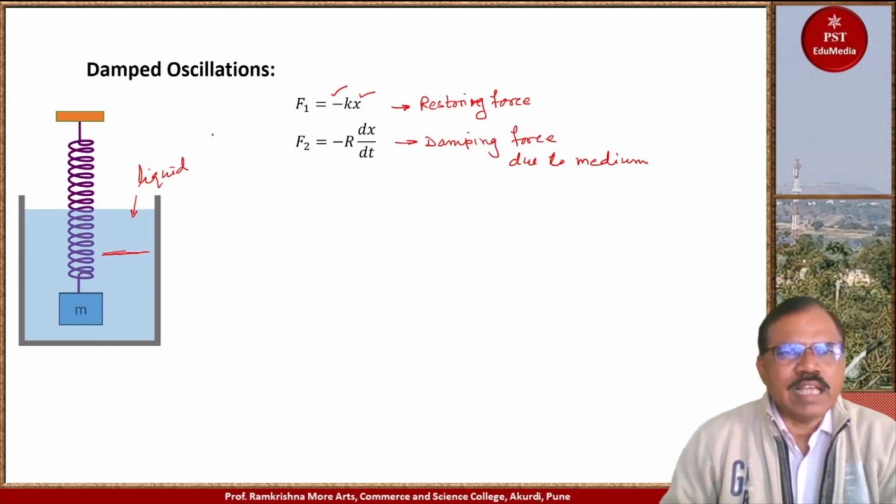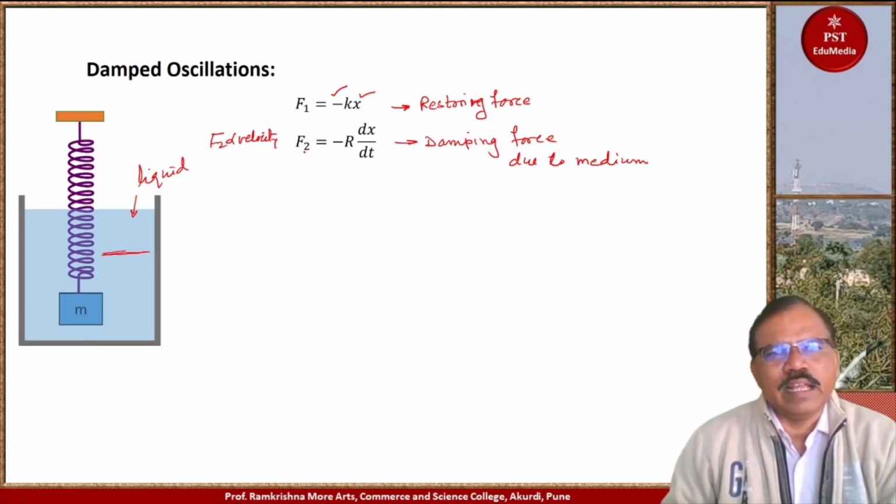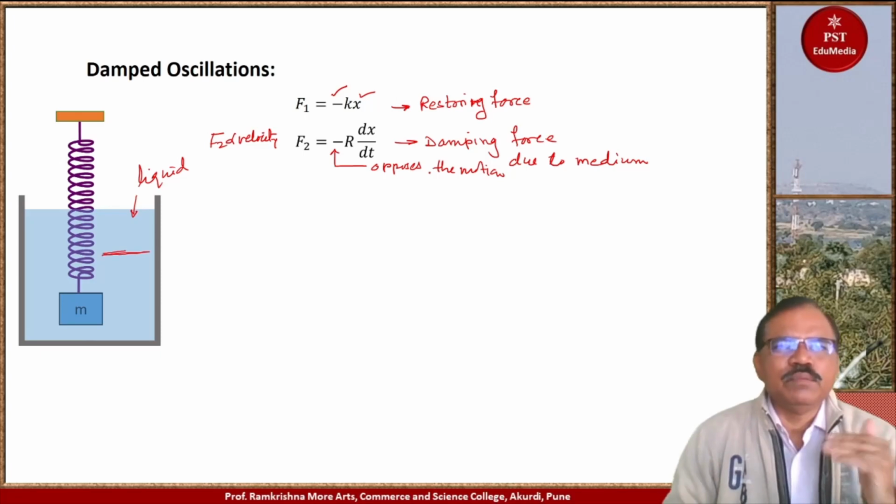Now see here, this damping force is proportional to velocity. That's why I have written here F2 is equal to minus R dx by dt. R is the constant of proportionality. The minus sign means it opposes the motion. So it opposes the motion of the oscillator.